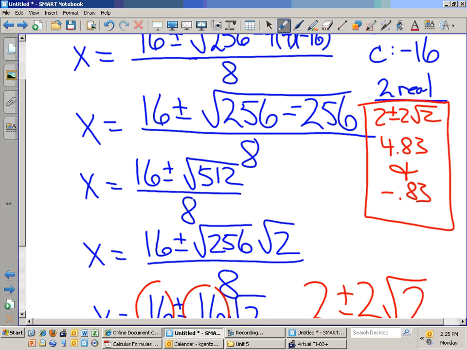Simplest radical form and 2 decimals. Both are important. Simplest radical form because that is the exact answer. Decimals are simply an approximation to the nearest hundredth. And that's what allows us to find the spot on the number line when we plot it.